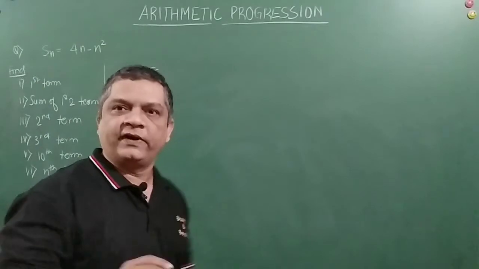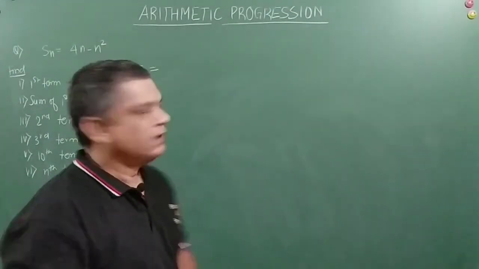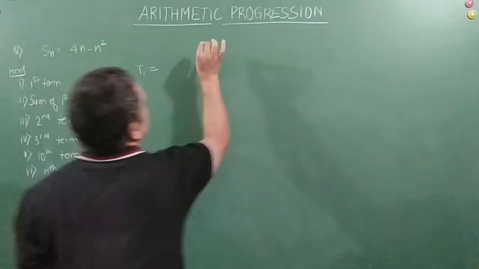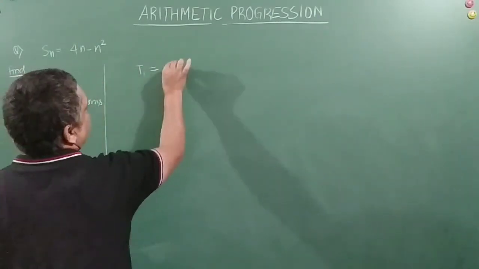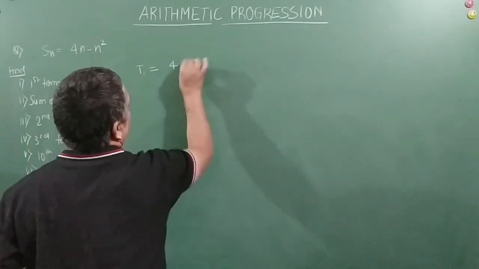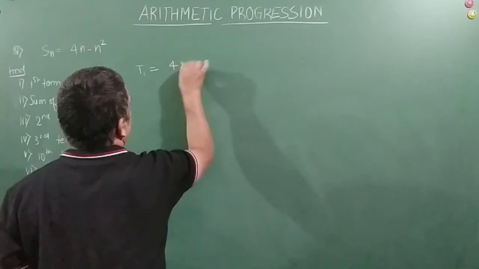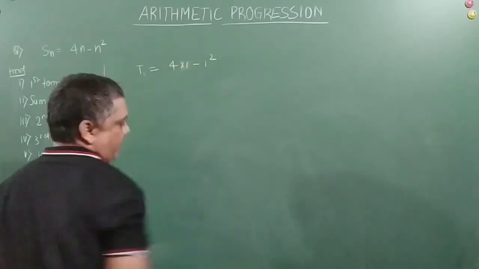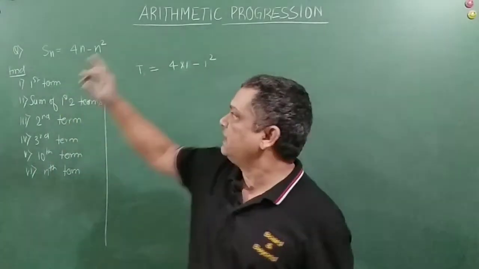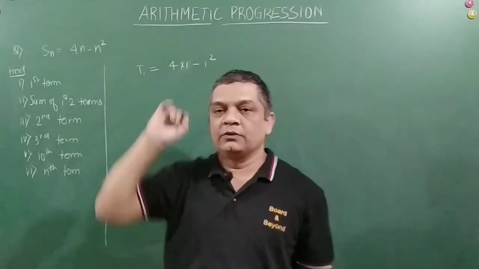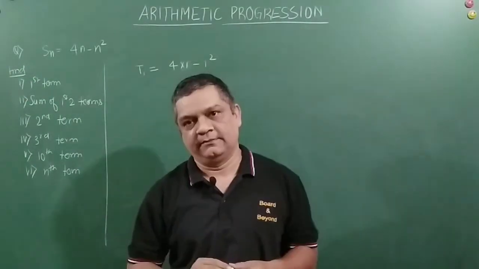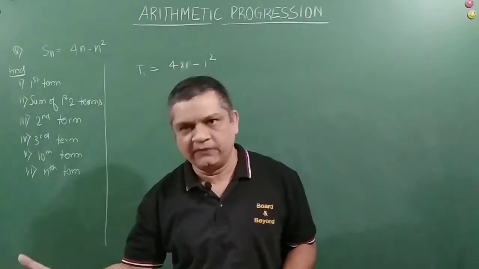If we want to find out T1, how much will it be? So T1, do you all agree that this will be 4 into 1 minus 1 square? This will be T1, the first term, because the sum of n terms is this, and if I want to find the first term, that is nothing but the first term itself. Correct? Because there is no term before that.